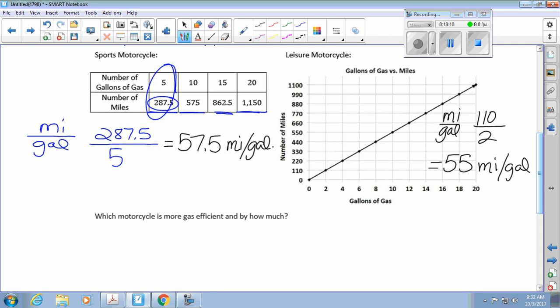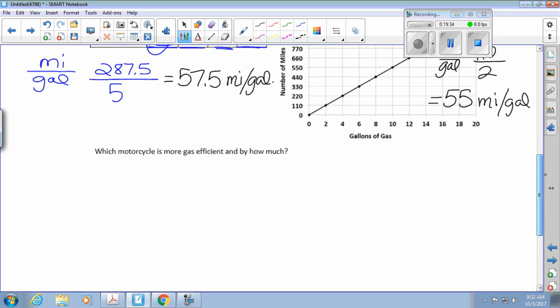All right, so we now have to decide, based on the gas efficiency, which one would he buy if he's looking for the most efficient bike? The most efficient, Liz. The leisure motorcycle. Yep, leisure. All right, very good.